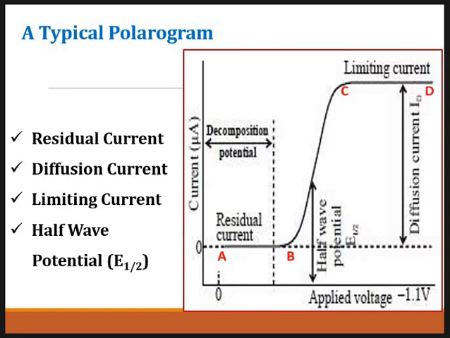Looking at the graph in the polarogram, A to B is called the residual current, B to C is called the diffusion current, and C to D is called the limiting current.